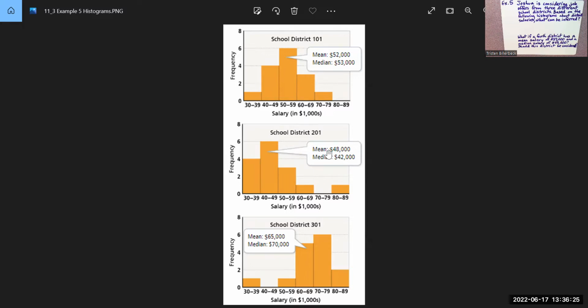This one, we have a mean of 48,000 and a median of 42,000. Because the mean is on the right side of the median, our data is skewed to the right. So this district predominantly has young teachers and doesn't keep a lot of older teachers around that are paid more.